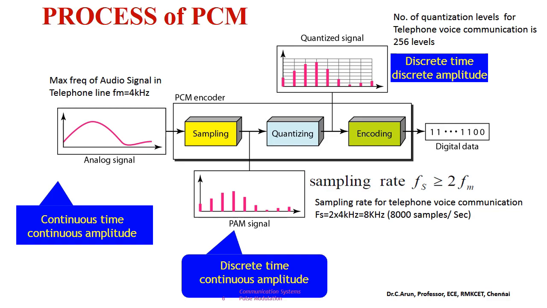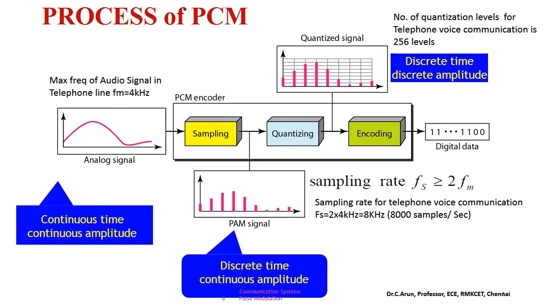This 4 kilohertz signal will be applied to the sampling process. The sampler will sample your signal. After sampling, the continuous wave is converted to discrete. To perform this sampling process, you have to satisfy the sampling theorem: Fs is greater than or equal to 2Fm, where Fm represents your message signal frequency.